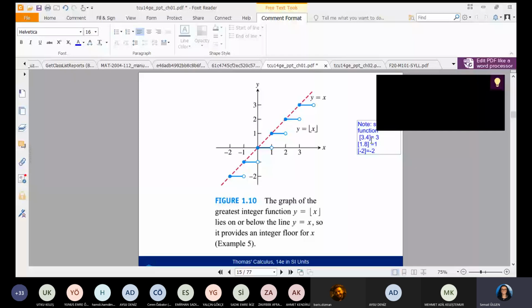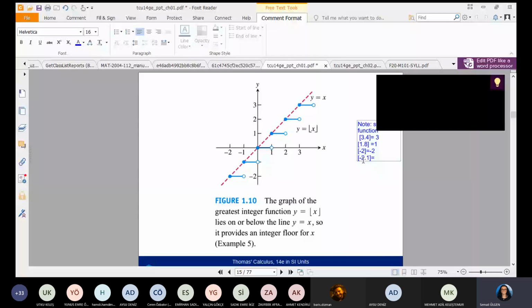But how about greatest integer of -2.1? What is that? Is it -2 or is it -1? Can you tell? What's the greatest integer value for -2.1?